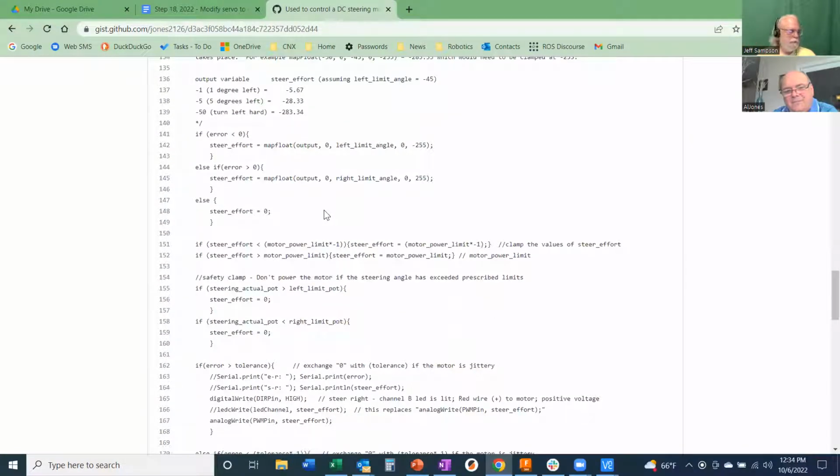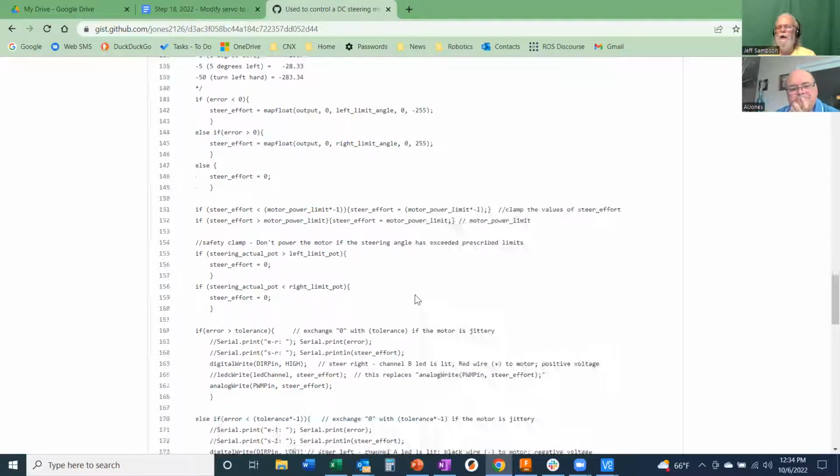Yes. So the output from the PID is a correction factor. It says, oh, I got to go this way or this way to get to where I need to be. And it generates that number, and that number results from your proportional gain, your integral gain, and your derivative gain. So you put in two numbers, in your case two angles, whether they're real angles or A to D counts.